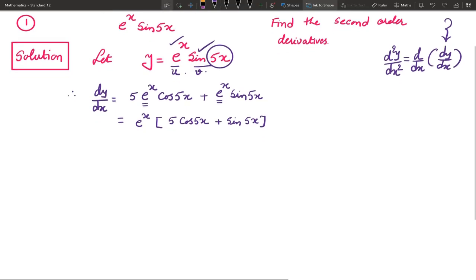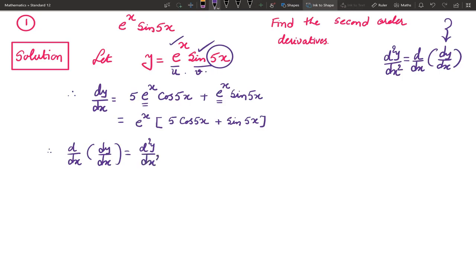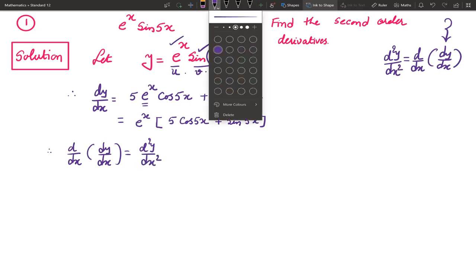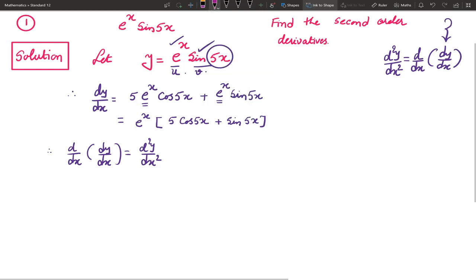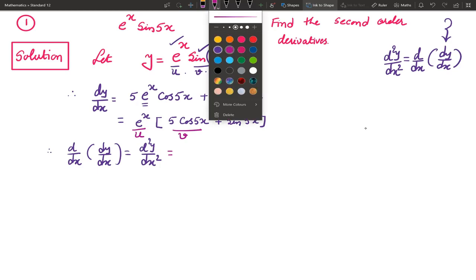So now the second order derivative, therefore d by dx of dy by dx, is the second order derivative d2y by dx2. Again when we differentiate the right hand side we have to use the u into v form, product rule: first into derivative of second plus second into derivative of first.